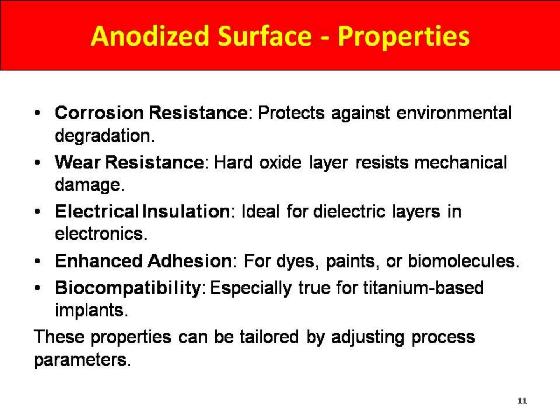The anodization process also enhances adhesion of, for example, dyes, paints or biomolecules. It also improves biocompatibility, especially for titanium based implants. These properties can be tailored by adjusting the process parameters.